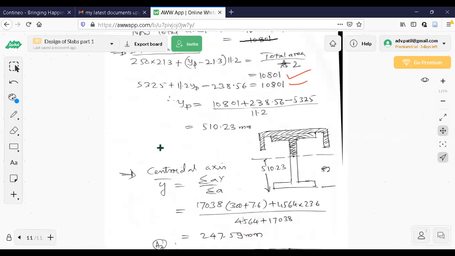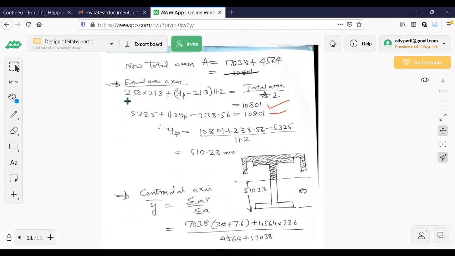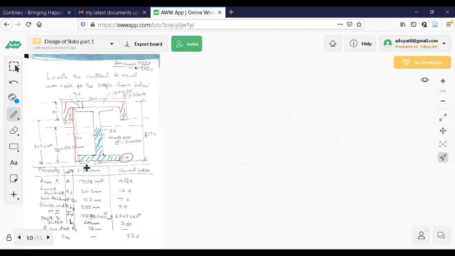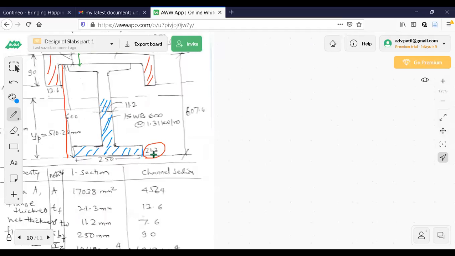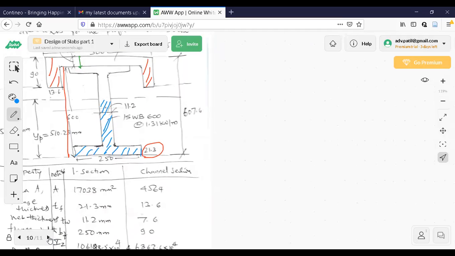There are two terms. This term is related to 250 into 21.3, one rectangle. The first term is related to this one. The second term is related to the remaining part of the shaded area.